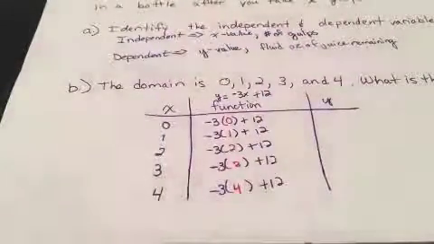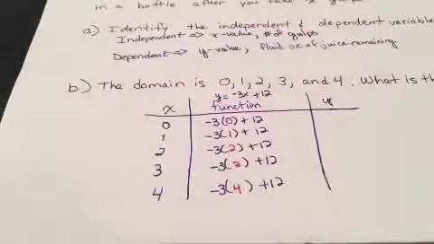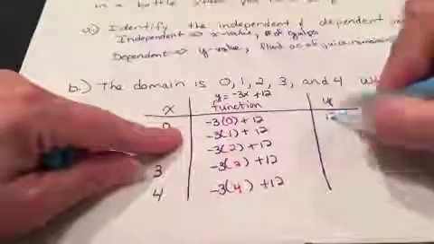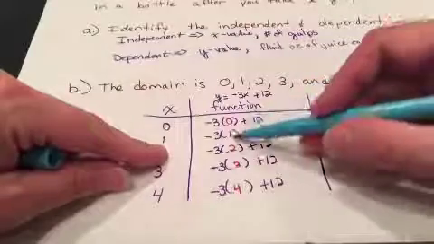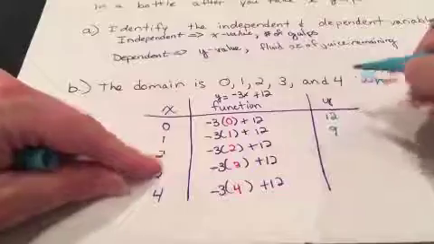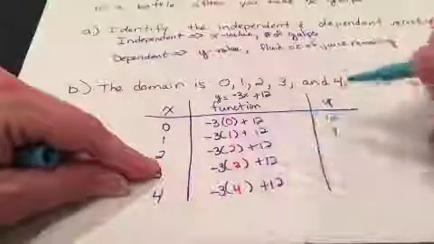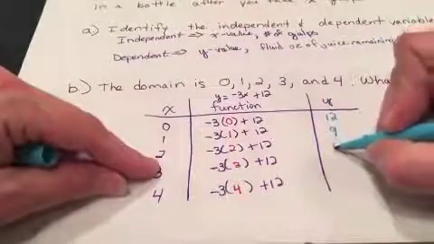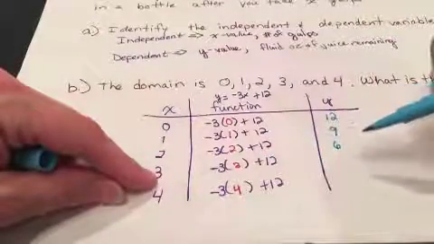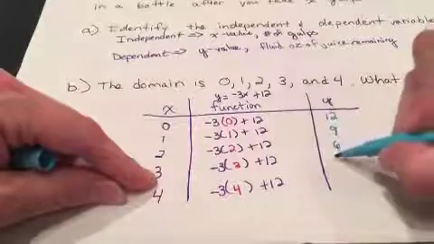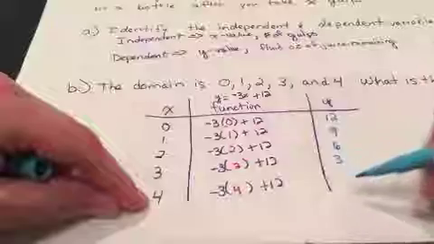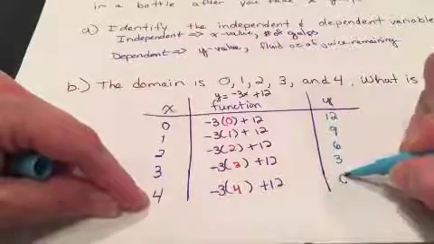These are all the different possibilities we can put in for our x. When x is equal to 0, y is equal to 12. When x is equal to 1, y is equal to 9. When x is equal to 2, y is equal to 6. When x is equal to 3, y is equal to 3. When x is equal to 4, y is equal to 0.